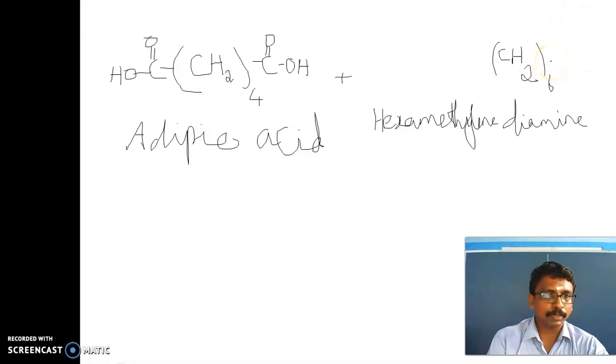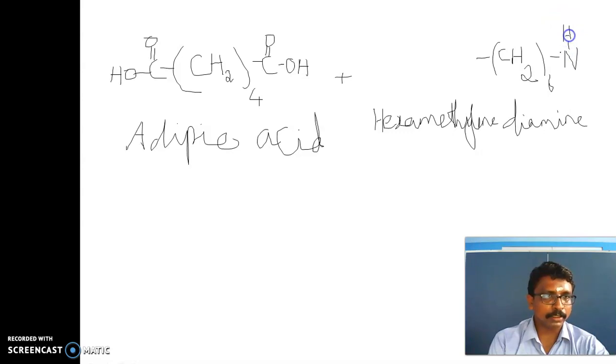What is the formula for amine? NH2. Di indicates two times the amine will be there. Diamine, so the amine will be in the two terminal positions. So here also amine, NH2.